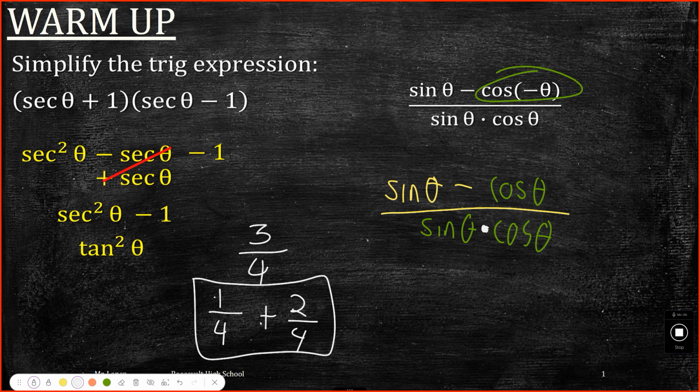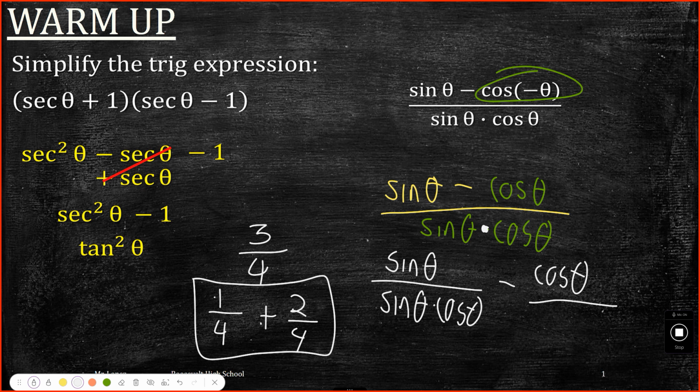So I'm doing this backwards, and that's what I'm going to do here. So I'm going to say sine theta over sine theta cosine theta, and then minus cosine theta over sine theta cosine theta.